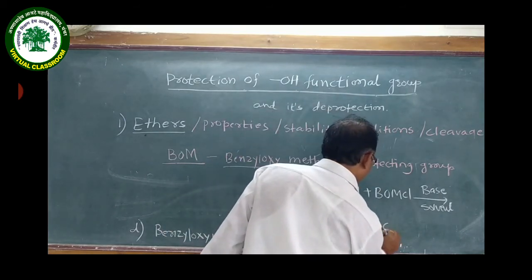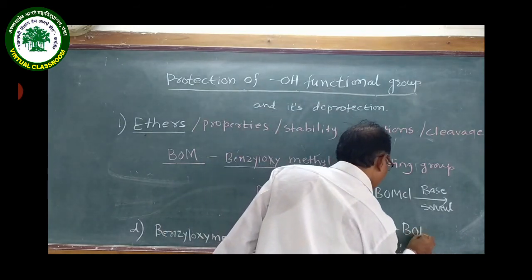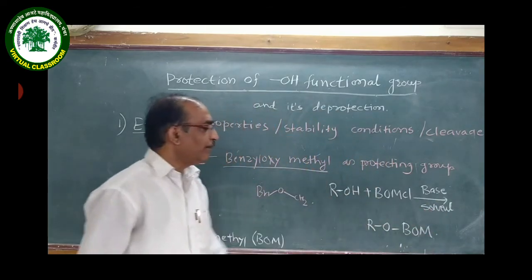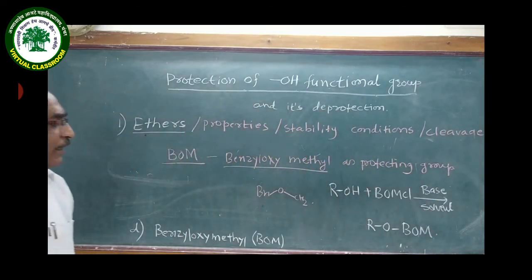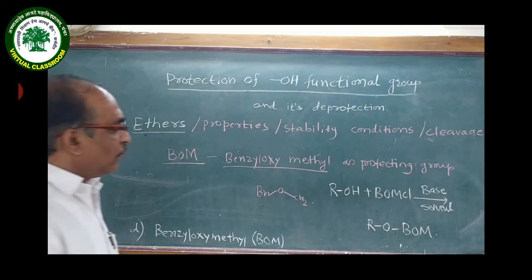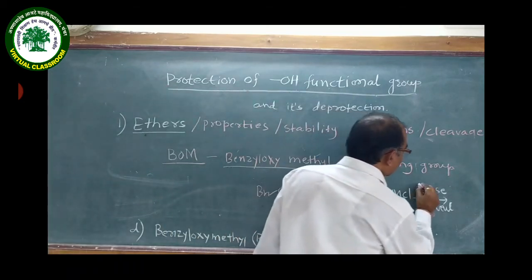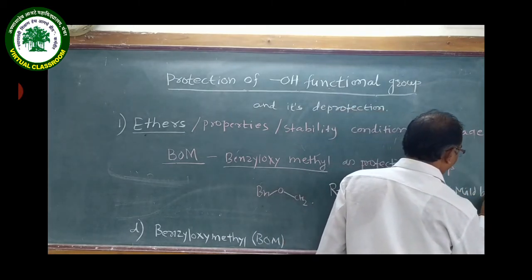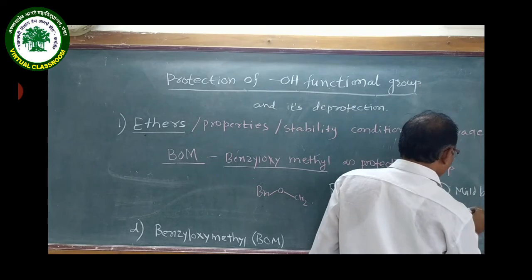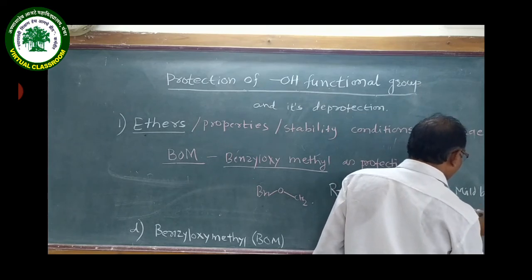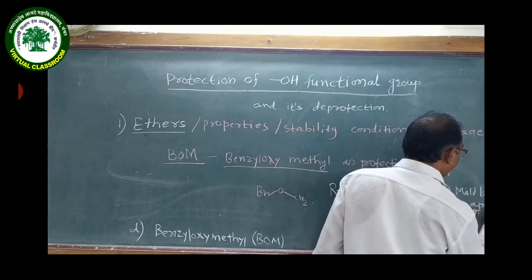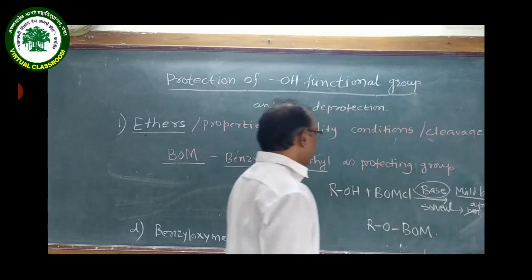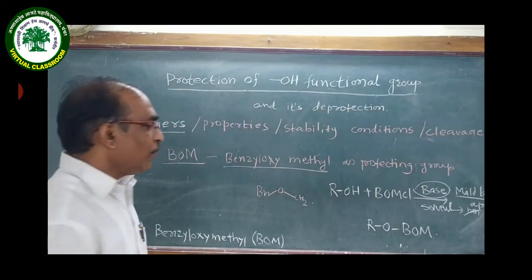Then we get RO ether of benzyloxymethyl alcohol. Here the base used is a mild base and the solvent is an aprotic solvent. Then we will get that one.